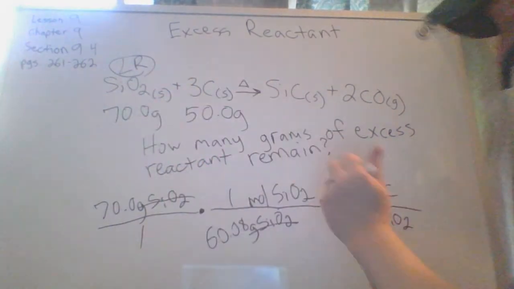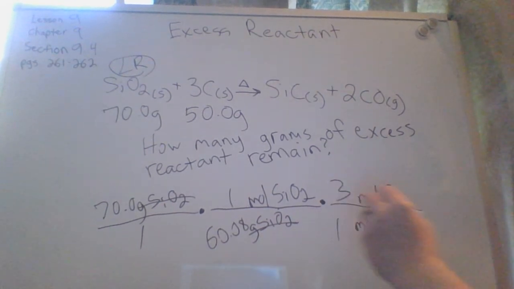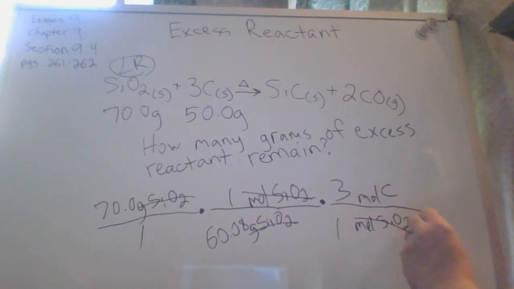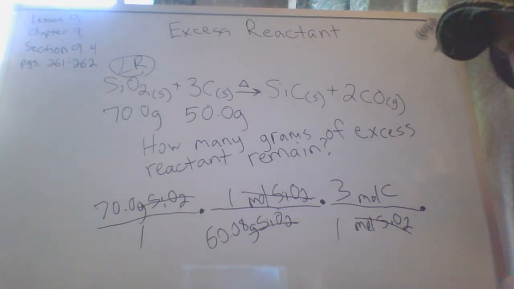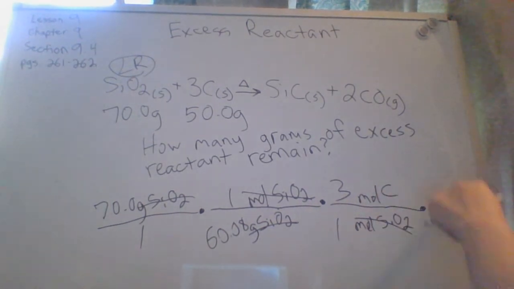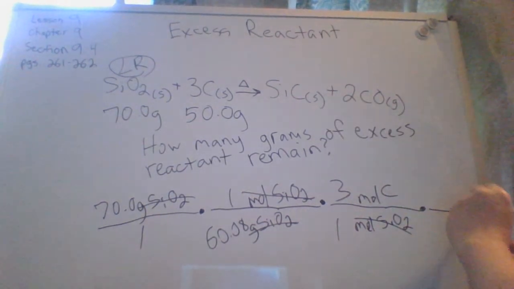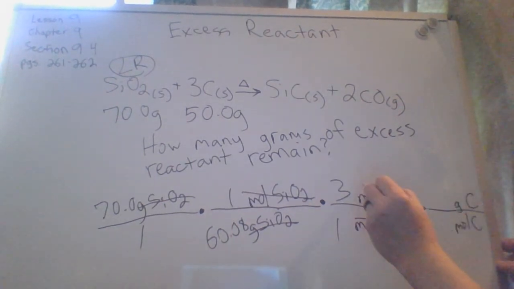It's a 1 to 3. 1 on the bottom, 3 on the top. Moles of SiO2 cancel out. And lastly, with just barely enough room, we're going to go from moles of carbon back into grams of carbon. Moles of C to grams of C.